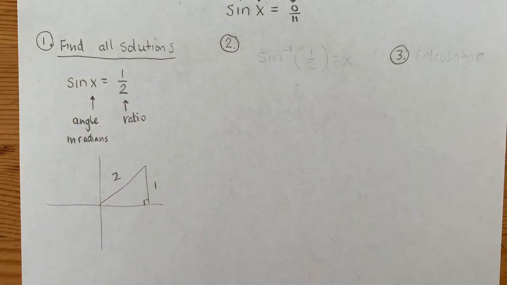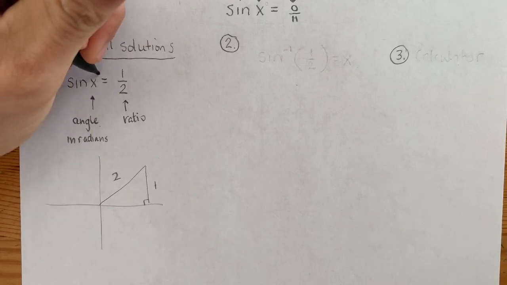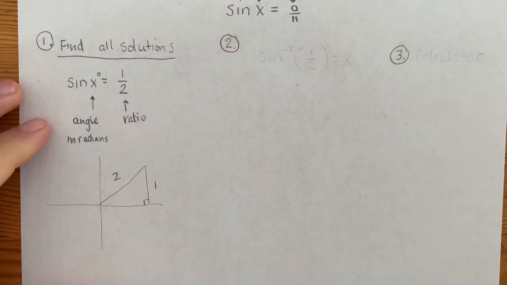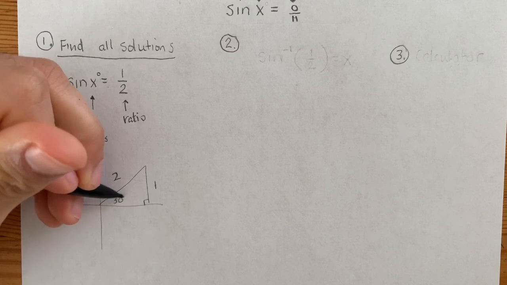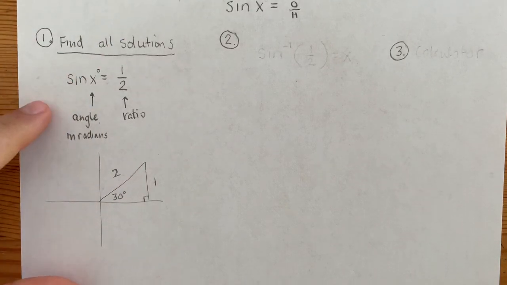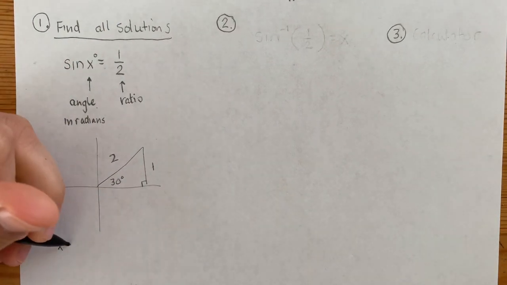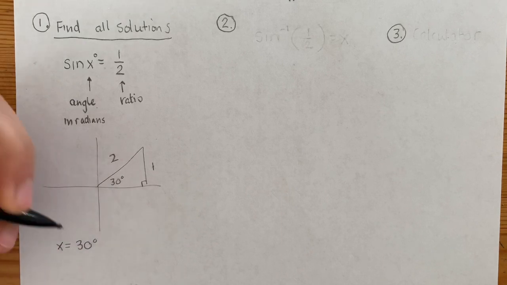So let's actually use degrees for this one. So I'm going to put a little bubble right there. So we're in degrees, and the answer to this problem would be x equals 30 degrees.